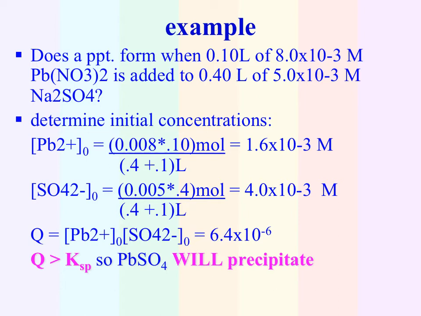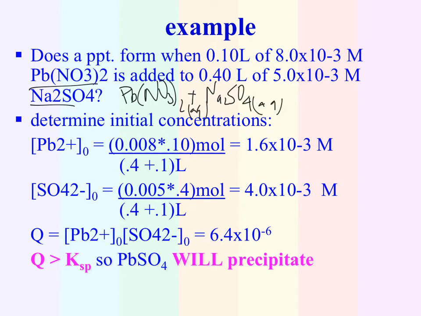Some of you may be asking, how did I know I'm dealing with the lead and the sulfate ions? Let's analyze what we've done here. We've taken a lead nitrate solution and a sodium sulfate solution and mixed them together. So Pb(NO3)2 plus Na2SO4, both aqueous solutions.